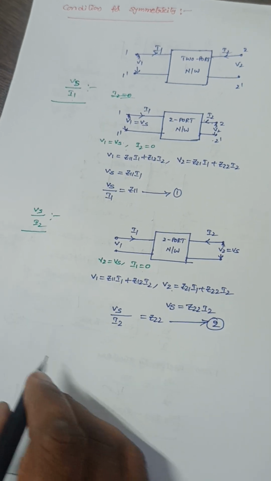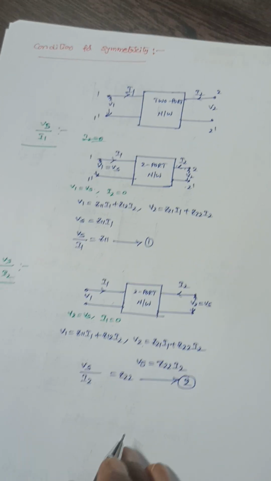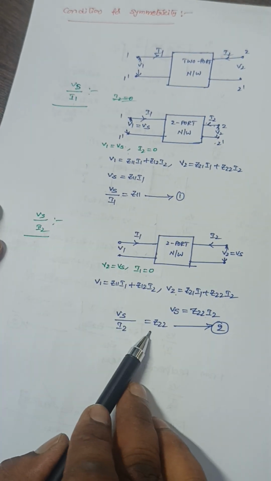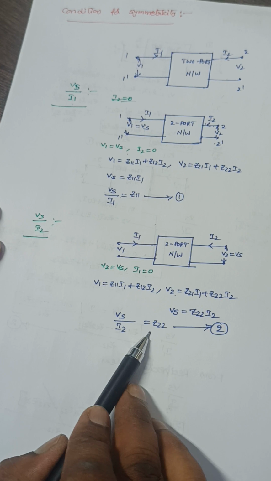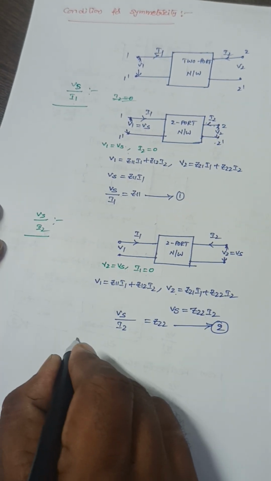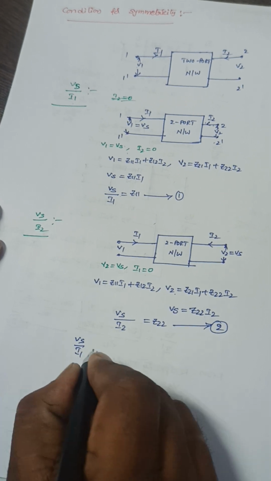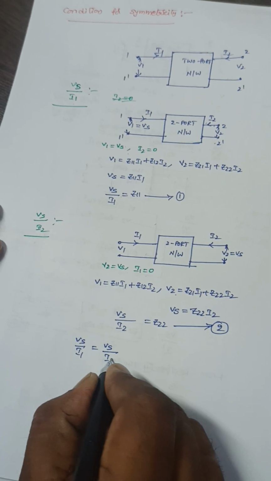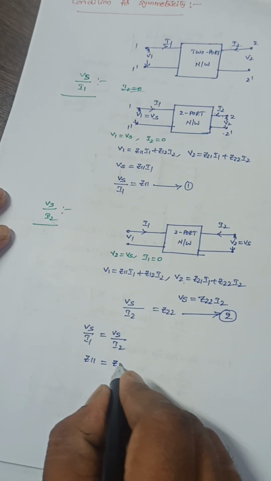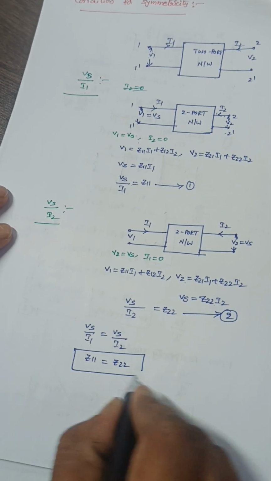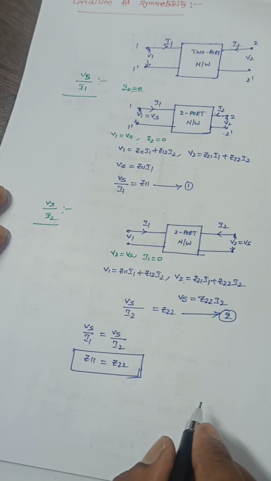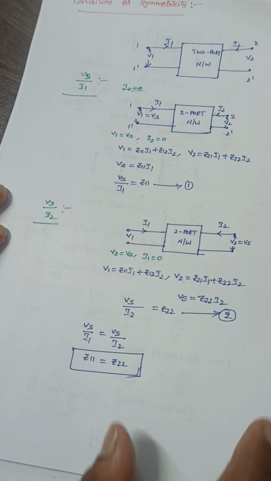That means equation number 1 equals equation number 2. So Vs by I1 should be equal to Vs by I2, so Z11 is equal to Z22. This is the condition for the network to be symmetrical in terms of Z parameters.